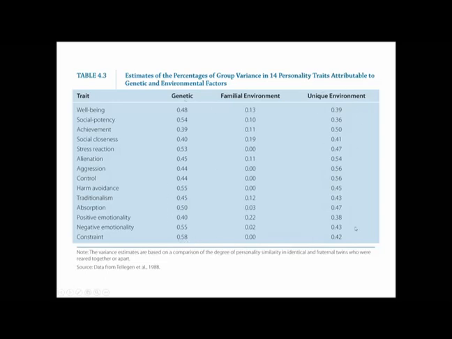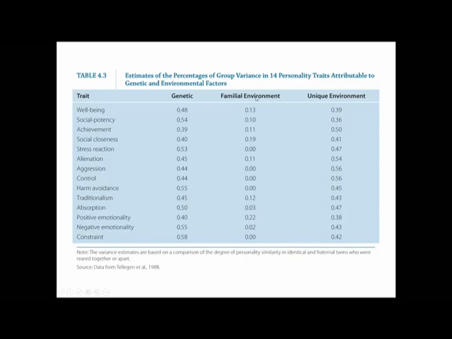The unique environment looks about the same, between that 0.36 and up to 0.56. And the cool one being the family environment, where there's between 0, so no correlation with environment, up to about a 0.2, which is saying that there's some degree of environmental influence, but not a ton.